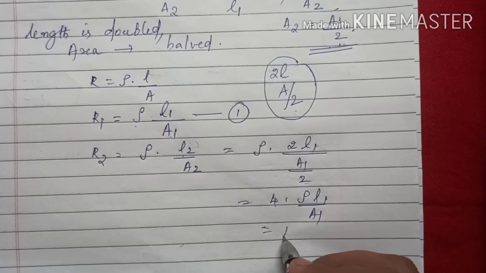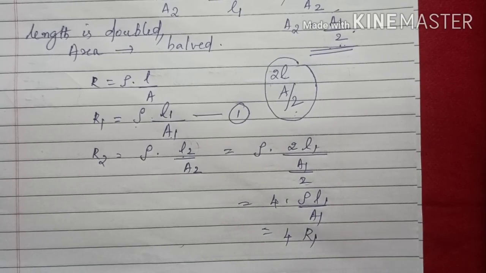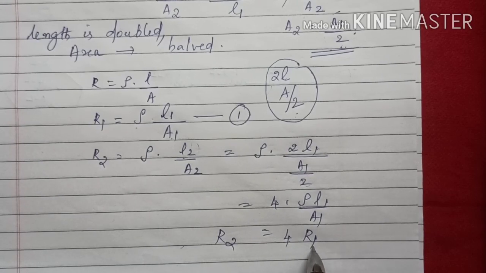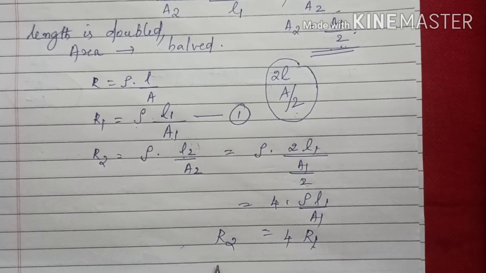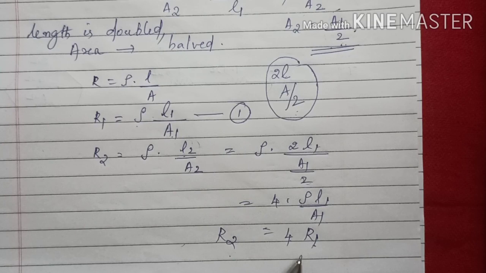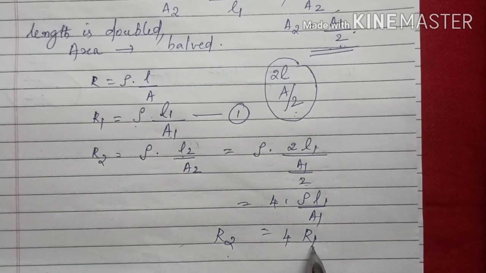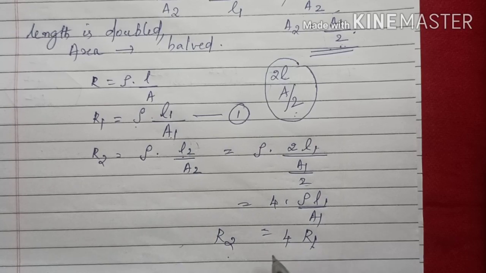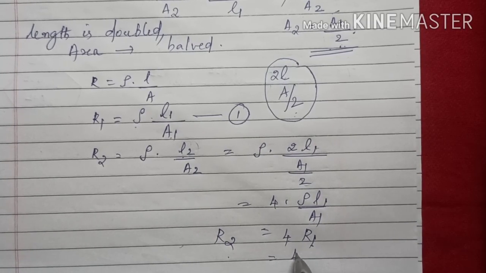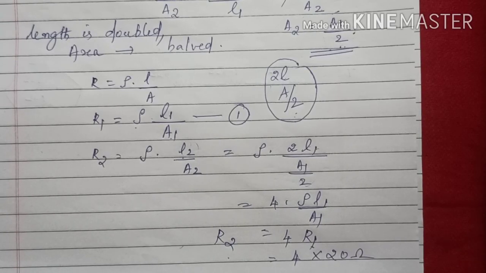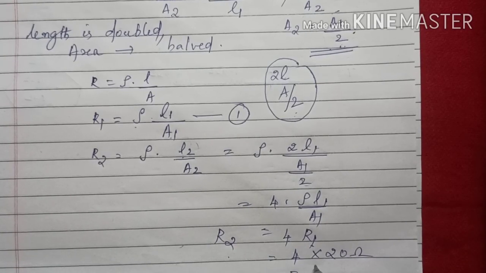So new resistance R2 becomes 4 times R1. Understood? Since the value of R1 is given here as 20, you can substitute the value: 4 into 20 ohm will give you 80 ohms.